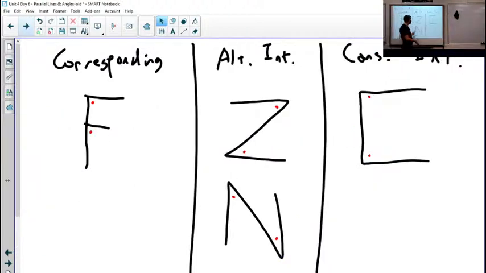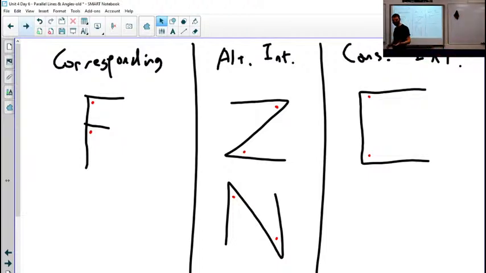Here are those shapes. Corresponding angles tend to make an F shape, being in the same place, bottom right with bottom right, when I trace it out. Alternate interior, like I said, tends to make kind of a Z shape. Consecutive interior, or same side interior, tends to make a C or a backward C, depending on how it's drawn.